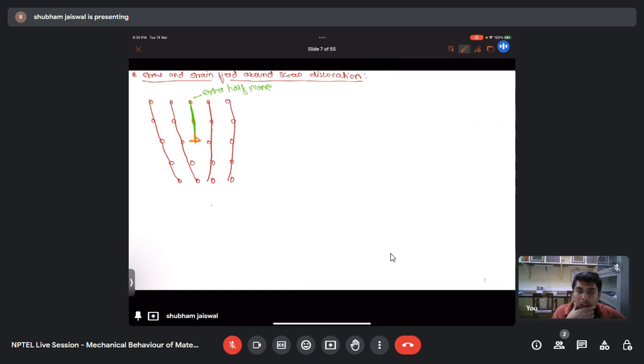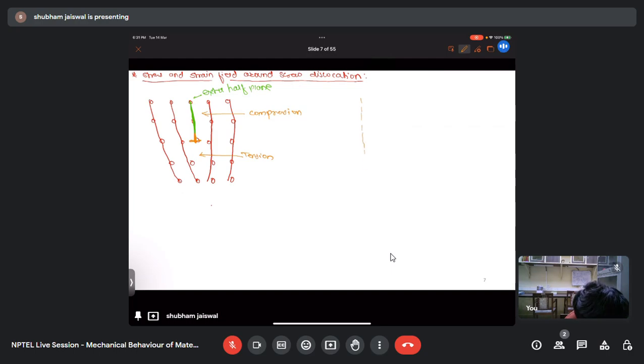Here, as we are inserting the extra half plane, it will try to compress the atoms near each other, whereas at the downside where the extra half plane is missing, it will try to pull the atoms apart. So here it will be tension, and here it will be compression. On the top, compressive stresses will be acting, and in the bottom, tensile stresses will be acting.